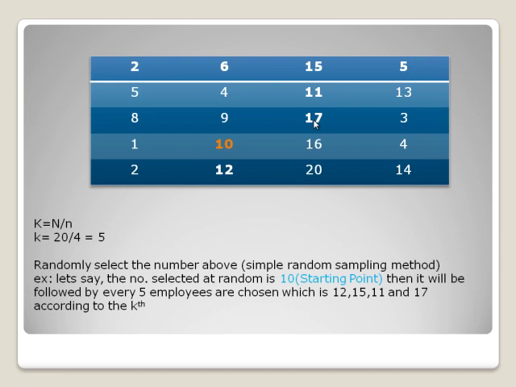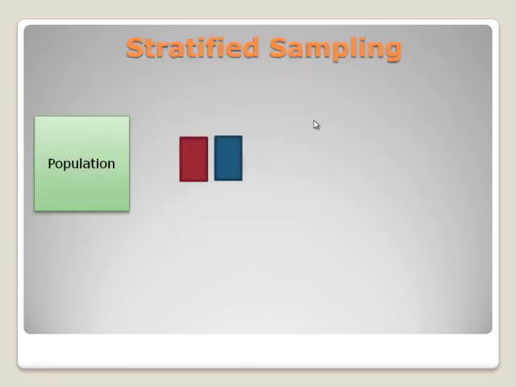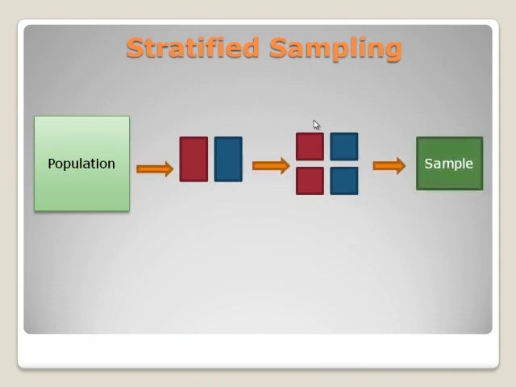Up next, we go to stratified sampling. In stratified sampling, the sample is obtained by dividing the population into 2 or more groups called strata according to some common characteristics.